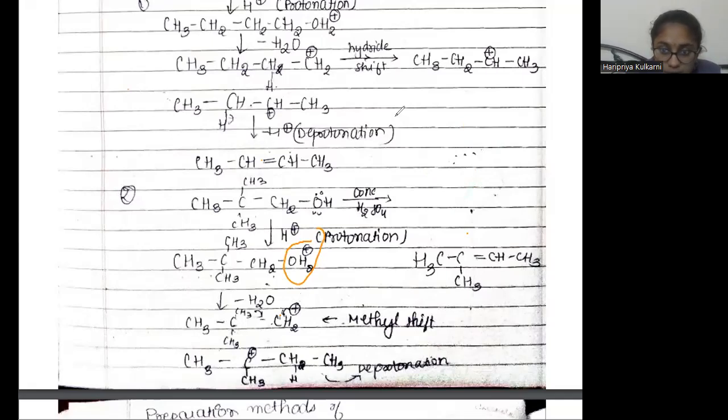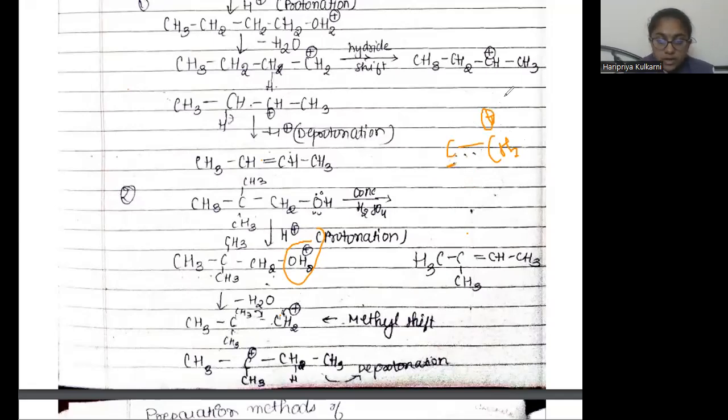Why? Because the compound is like this, and here we have the carbocation, that is CH2 plus. So we don't have any hydrogen to remove this plus sign.